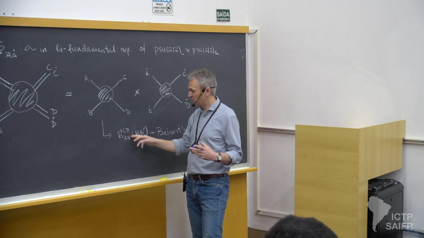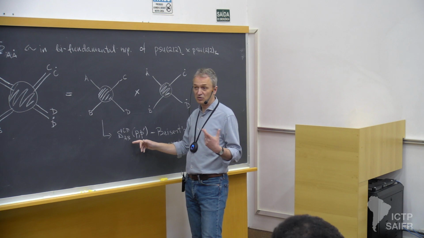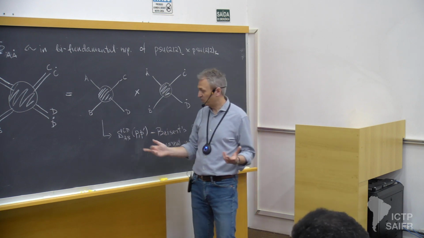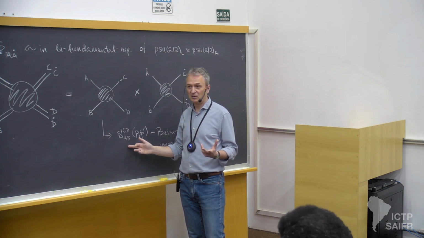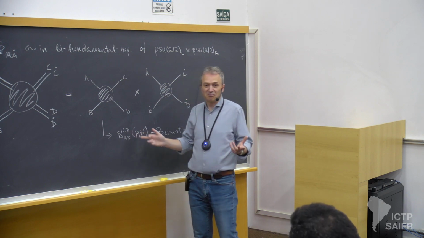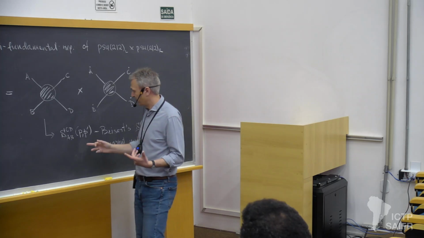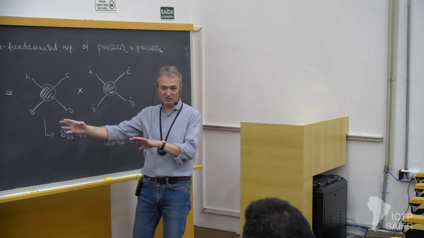And invariance means that it's an invariant tensor with this structure of indices. So it turns out that there is just a unique invariant tensor for PSU(2,2|4). So you cannot write anything else. That fixes the S matrix to be just a number times a fixed tensor structure.